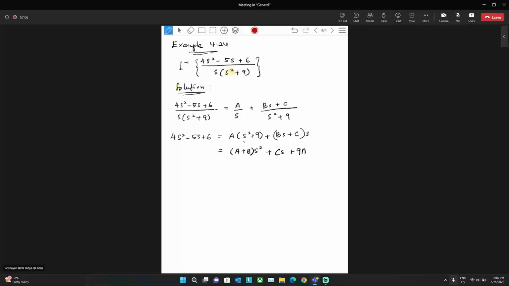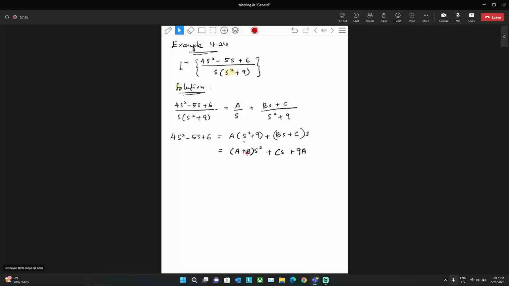Okay. So look at here. Based on this, for example, you have A plus B, so you need to find two values, but for Cs and 9A, C is standalone, meaning there is no summation or subtraction for this part.